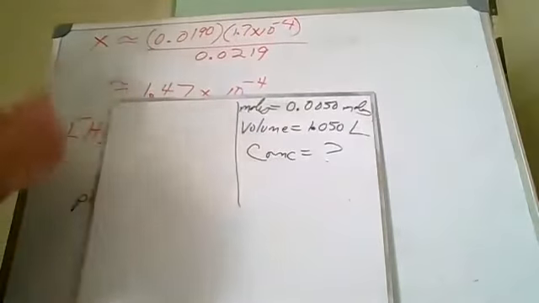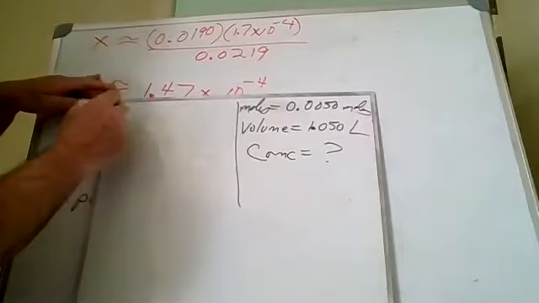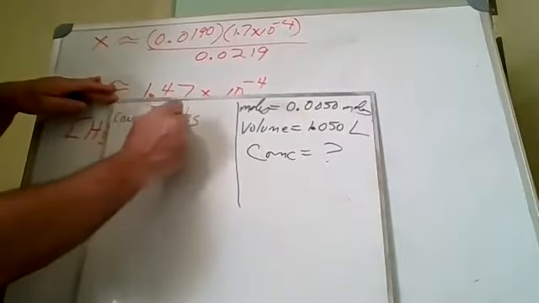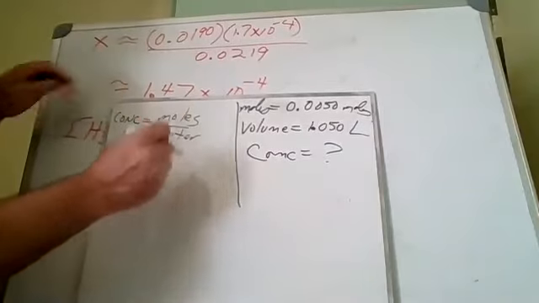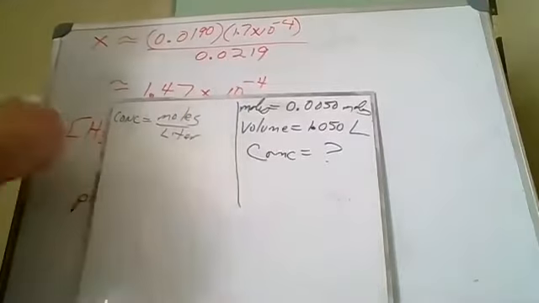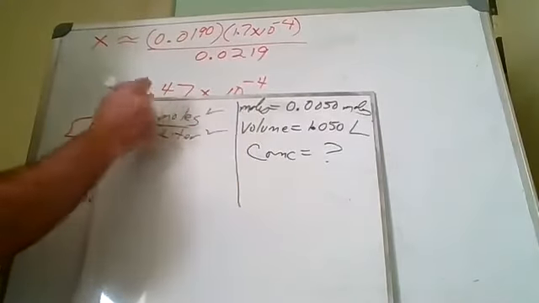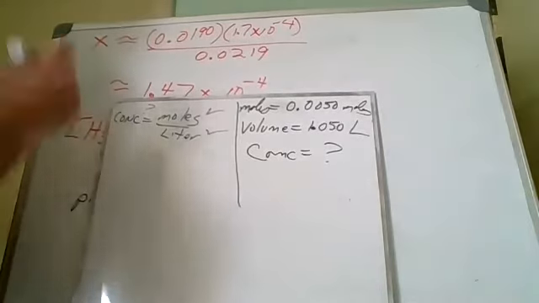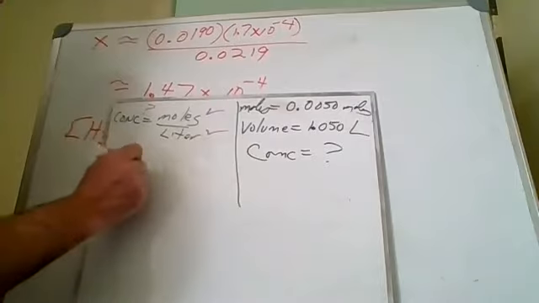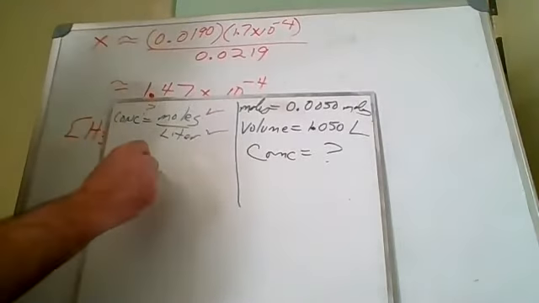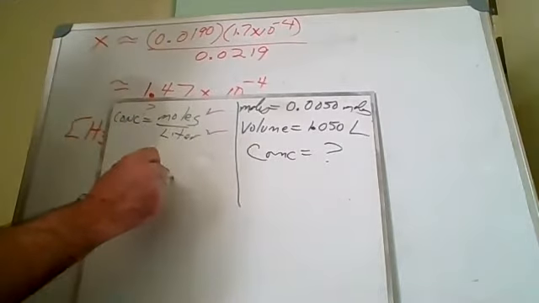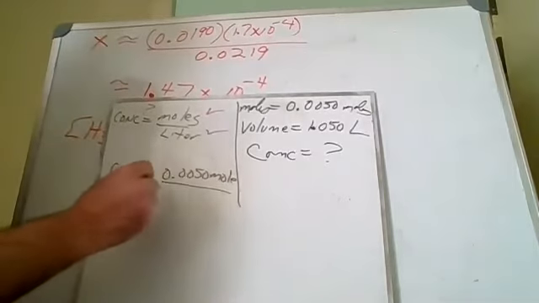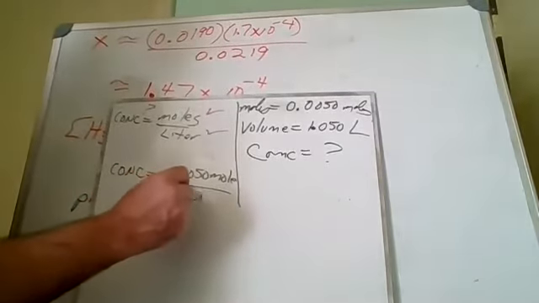And we want the new concentration. So we have our equation. Concentration equals moles per liter. Right? So I know the moles, I know the liters, I don't know the concentration. So I can go ahead and plug the numbers in. Concentration equals 0.0050 moles divided by 1.050 liter.